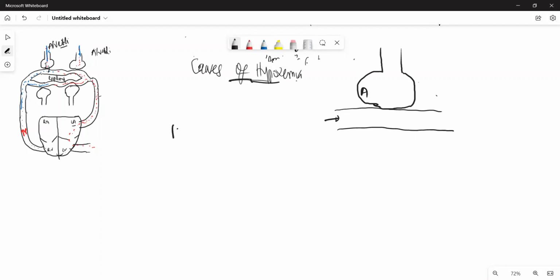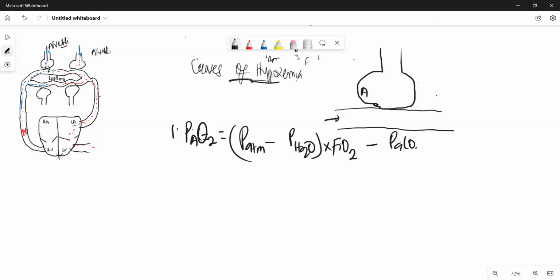So there are three things I want us to remember. Number one is the formula for the alveolar gas equation, which is PAO2, the partial pressure of oxygen in the alveolus, equals our barometric pressure minus the water vapor pressure, multiplied by our FiO2, minus the partial pressure of carbon dioxide divided by the respiratory quotient.